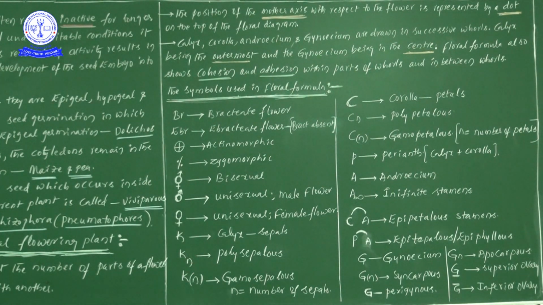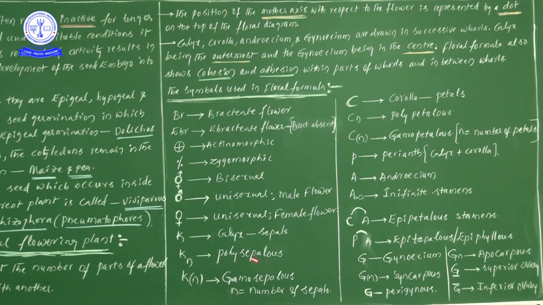My intention here is that when there is no bracket, N is not within a bracket, so I have taken it as the polysepalous condition. When N is within the bracket, it indicates gamo, fused; when the bracket is absent, it is free, poly.